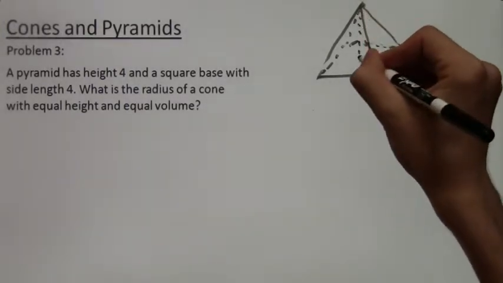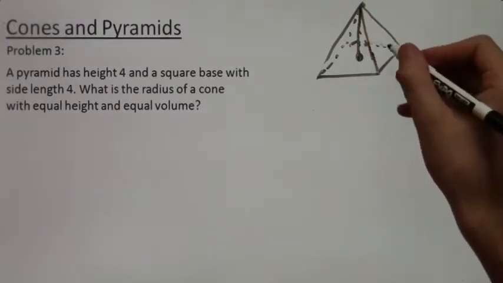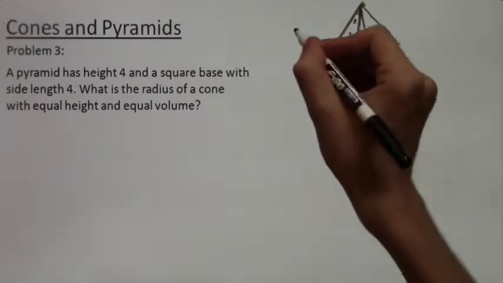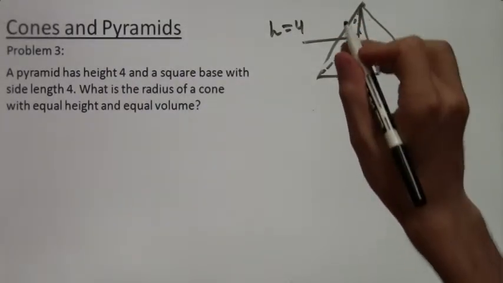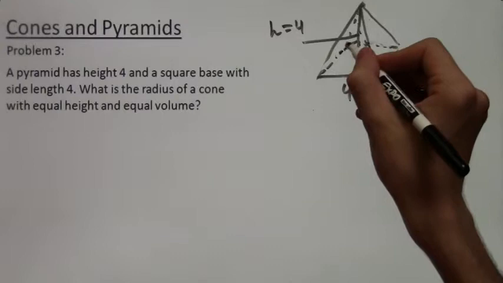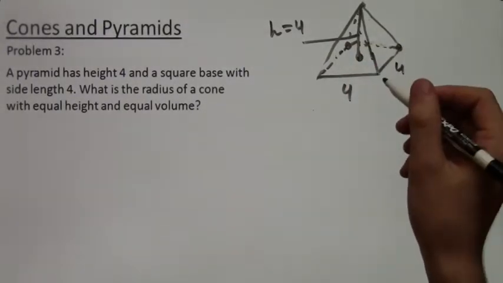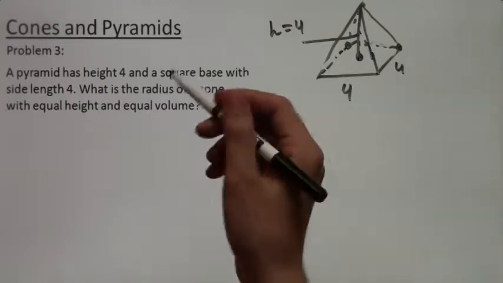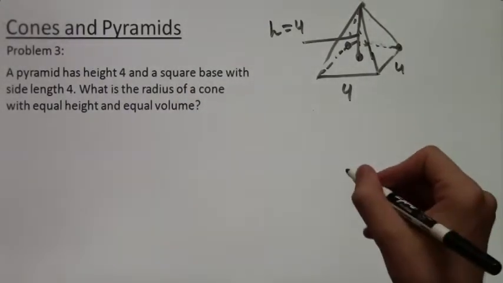So we know that it's got height equal to 4. Here I'm drawing that height. And the base is a square with side length 4. So we want to figure out the radius of a cone that has the same height and volume.